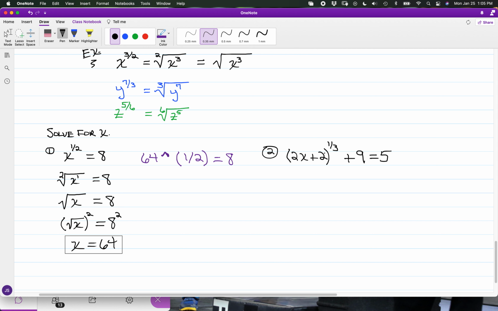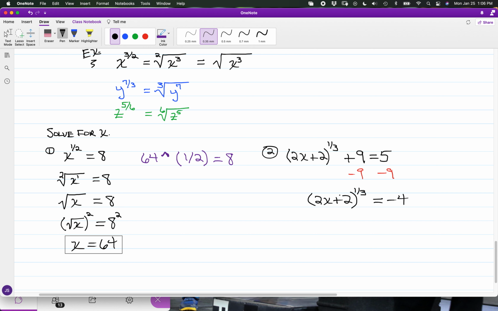What I want to do here is get this exponential term by itself. So for the setup, I want to undo the addition of 9 by taking 9 away from both sides. So 2x plus 2 to the 1/3 equals 5 minus 9, which becomes negative 4.